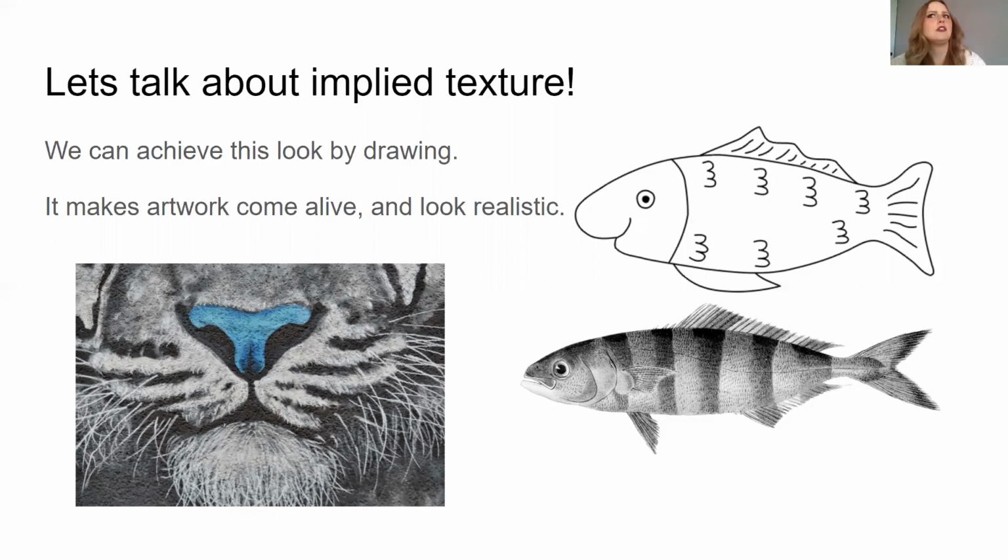I have a basic fish, just lines. Okay, yeah, it looks a little bit scaly, but then look at the fish underneath it. Which one looks more realistic? Probably the one on the bottom, right? So the one on the bottom has texture, and that's what makes it real. So to become a great artist, one of the skills you can have in your pocket is to draw realistic.